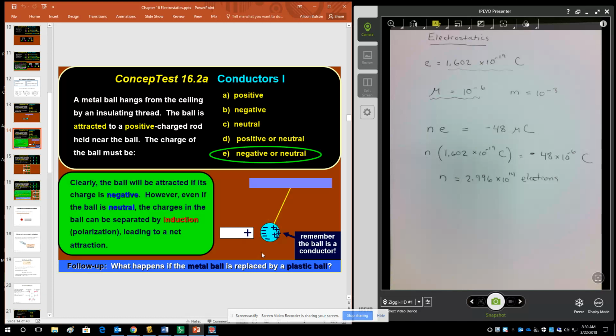So the positive charge will attract some electrons, and those two opposite charges attract each other while the positive charge pushes, well, we could say it pushes away the positive charge. It's more like it exposes the positive charge of the nuclei on the right-hand side. And so the attraction of the positive negative, which are closer than the repulsion of the positive positive, causes the metal ball to move towards the positive charge, even if it's neutral.